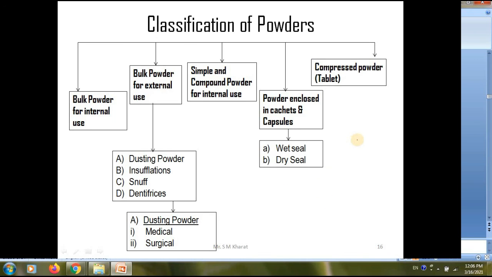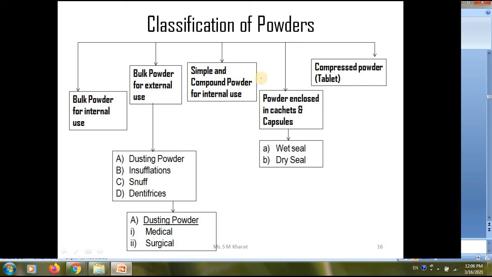And fifth, compressed powder, also called tablet. The bulk powder for external use can again be classified into dusting powder, insufflations, snuff and dentifrice. Dusting powder can be classified into medical dusting powder and surgical dusting powder. So this is the classification under bulk powder for external use.